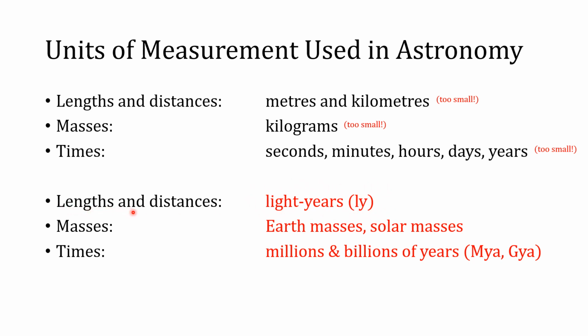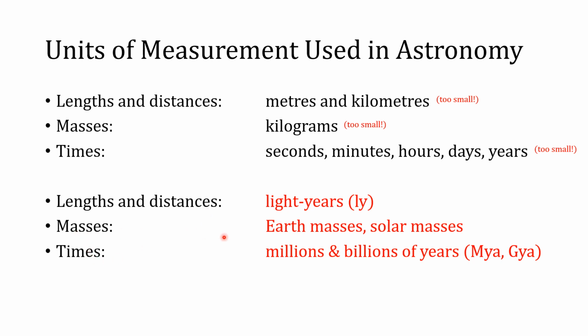Notice that light years are a unit of distance, not a unit of time. I know it says year, but it's not a unit of time, it's a unit of distance, because it's the distance that light travels in 1 year. All right, that's the thing that confuses a lot of people. But light years are a unit of length, or a unit of distance, if you will.